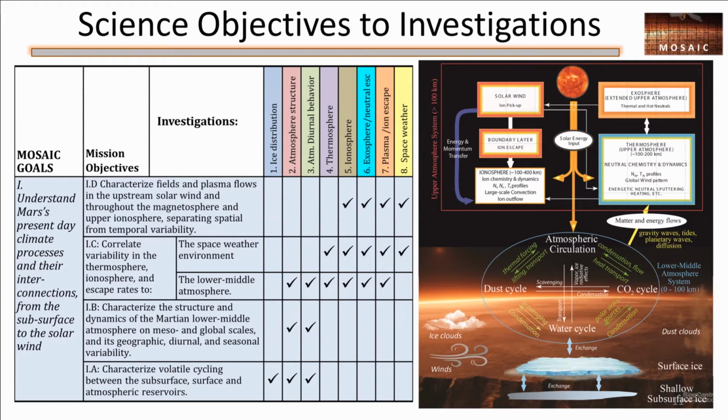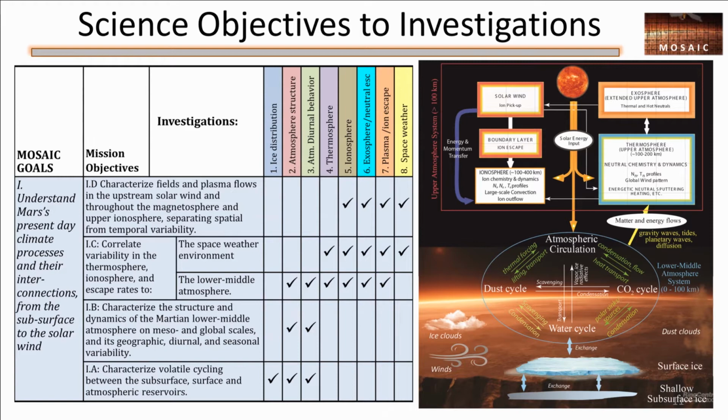And each of these different objectives relies on more than one investigation, and I've listed the investigations here, 1 through 8. It's ice distribution, atmospheric structure, the diurnal behavior of the atmosphere, the thermosphere, the ionosphere, the exosphere, and the neutral escape that happens there, the magnetosphere, or the plasma environment, and the ion escape that happens there, and lastly, the space weather environment that drives it.